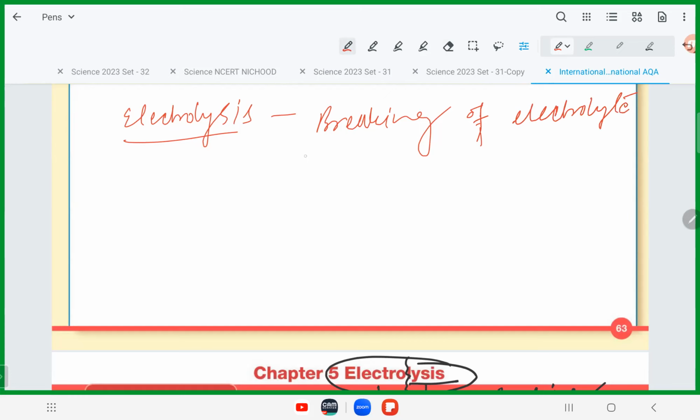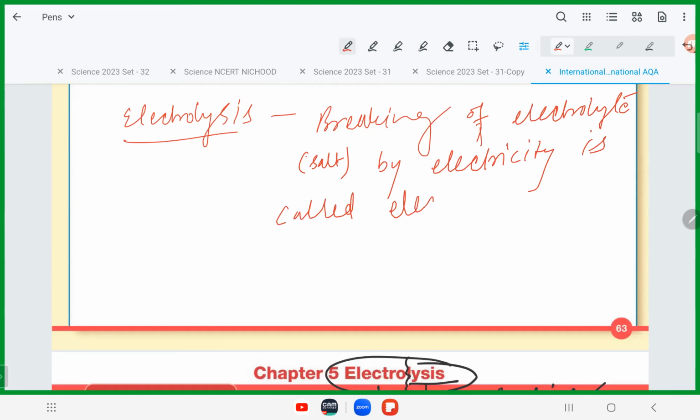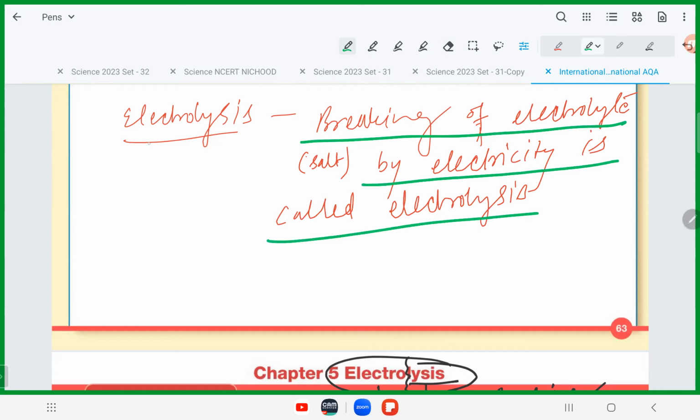Electrolyte means you can say salt. Breaking of an electrolyte by electricity is called electrolysis. Are you able to understand this one?